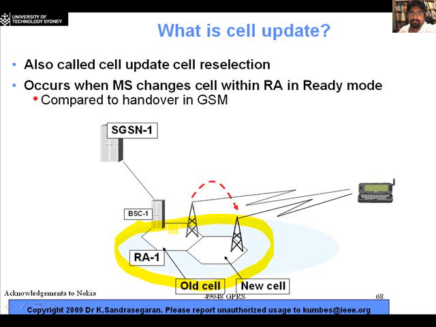When you're in standby mode, this does not take place. It is in some way similar to GSM handover, but not exactly, because handover only takes place in GSM when you're on a call, whereas here you're not on a call. You could be doing a data transfer.